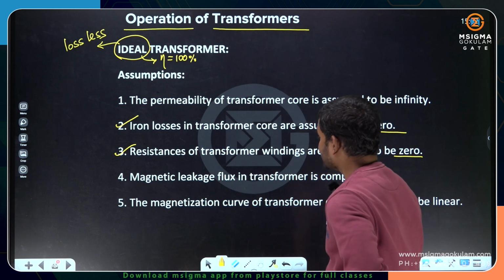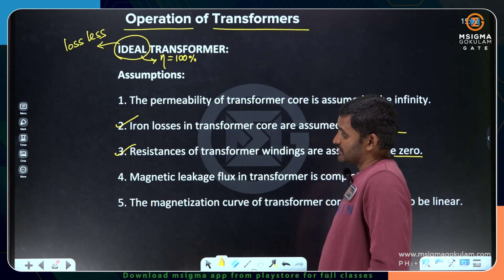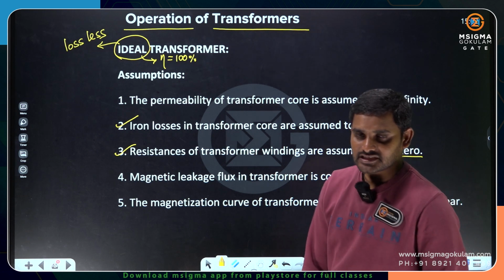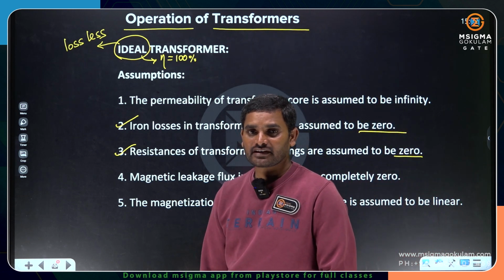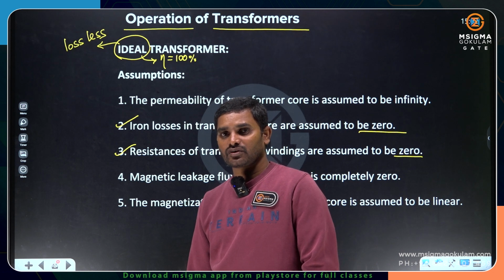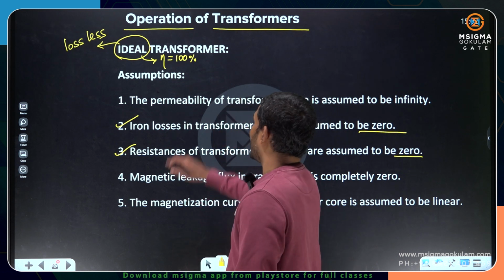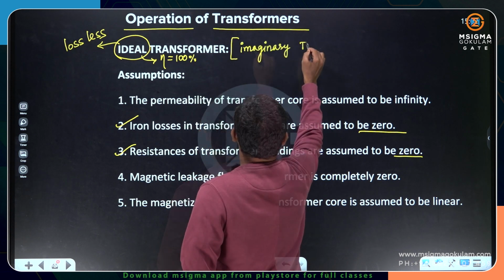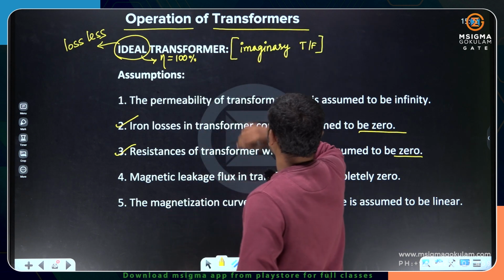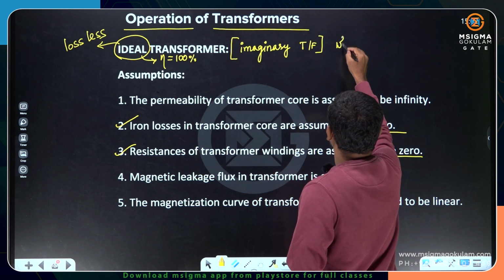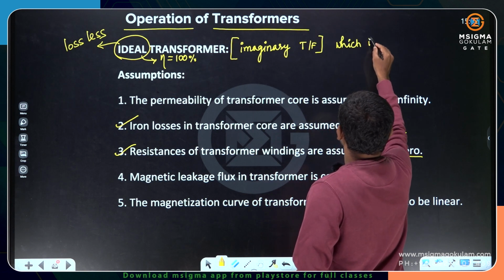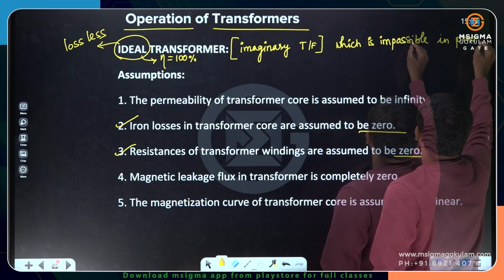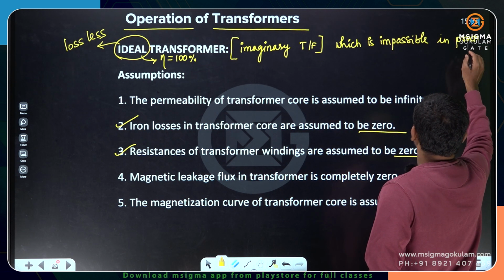Is it possible to design with zero iron losses? Is it possible to design with zero copper losses? Not at all possible. So an ideal transformer is just an imaginary transformer, which is not possible in practice.